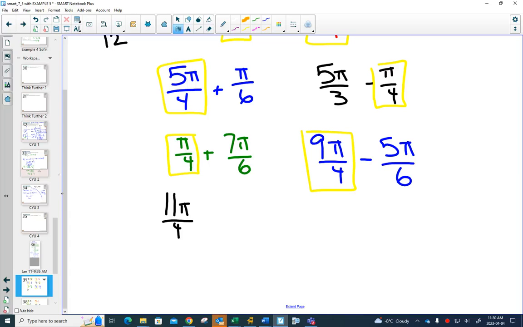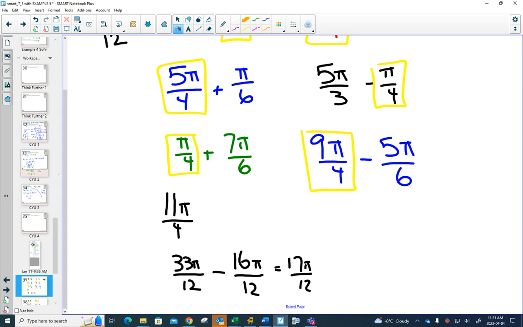I could change that by multiplying by 3 to 33 pi over 12. Obviously, that's too much to make 17. How much would you have to subtract off 33 to get to 17? You'd have to subtract 16. Is that correct? So if I subtracted 16 pi over 12, this would equal 17 pi over 12.